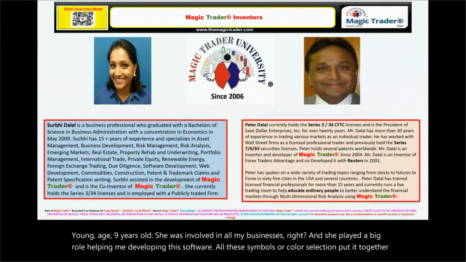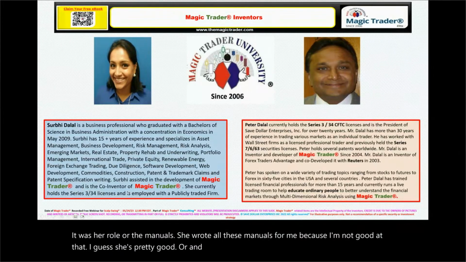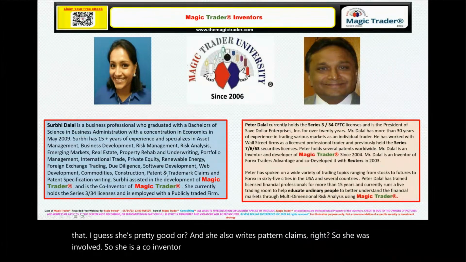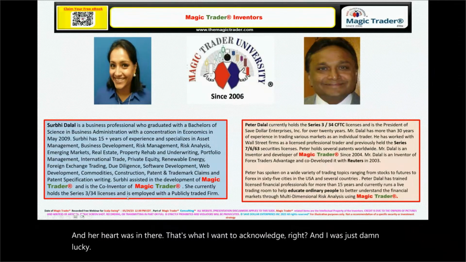All the manuals, she wrote for me because I'm not good at that. I guess she's pretty good. She also writes patent claims, so she's a co-inventor. Her heart was in there. That's what I want to acknowledge, and I was just damn lucky to have her.